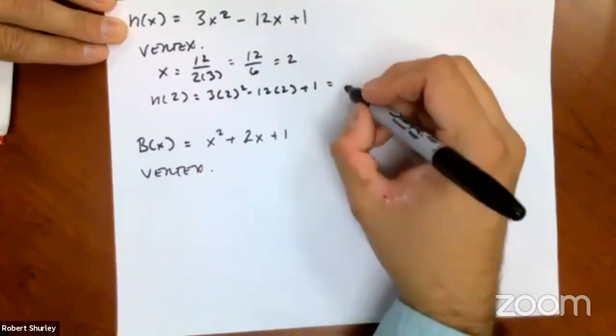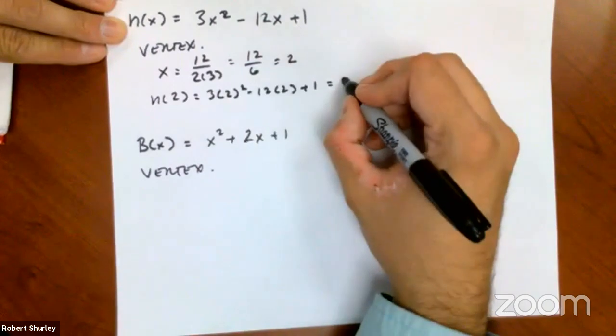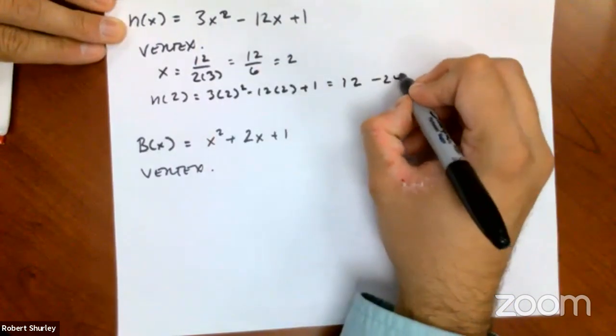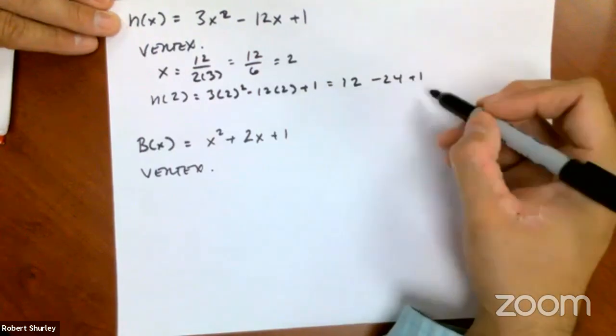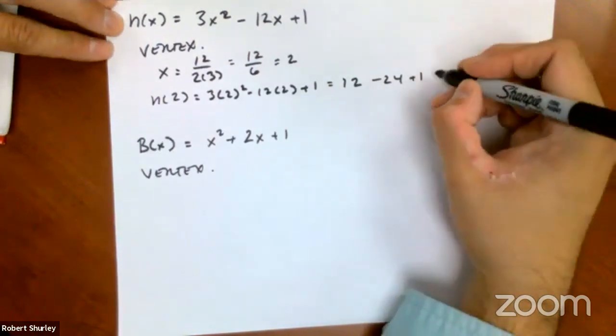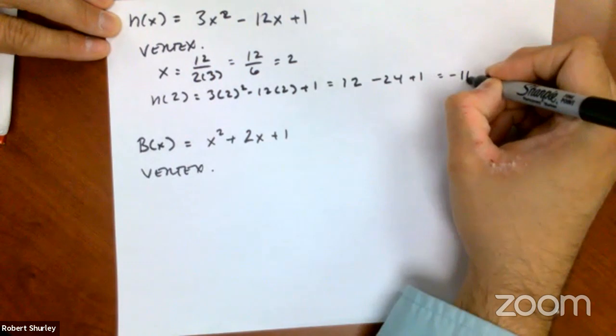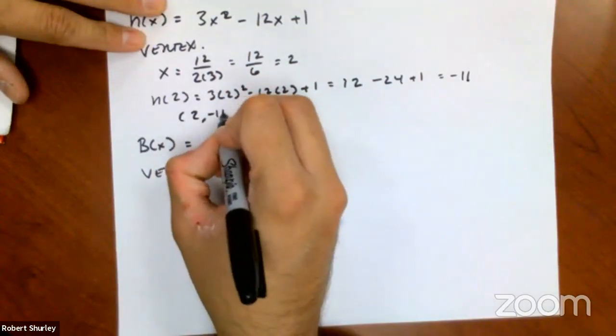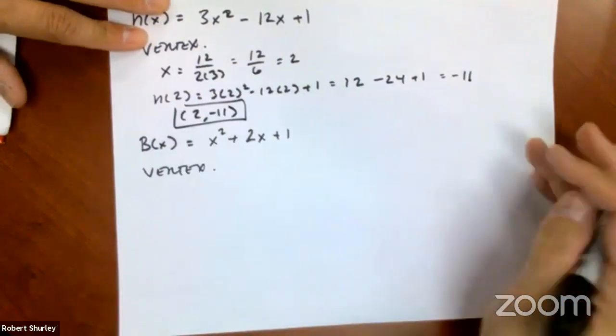So that's 4 times 3. That's 12, right? Minus 24 plus 1. So negative 24 plus 1, that's going to be, is that negative 11? Is that right? So we get 2, negative 11 for the first vertex.